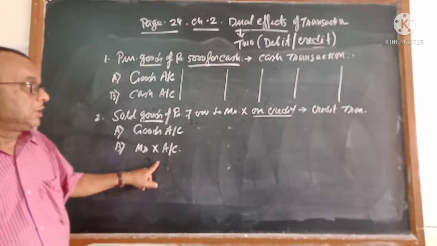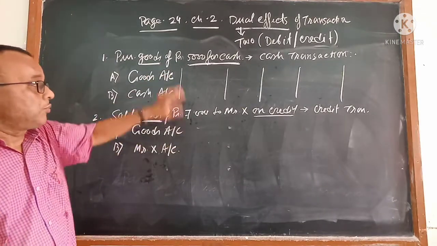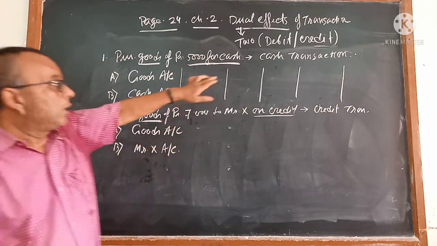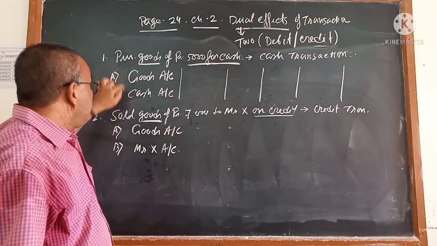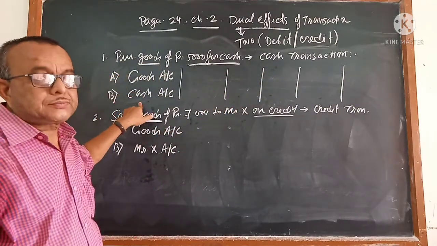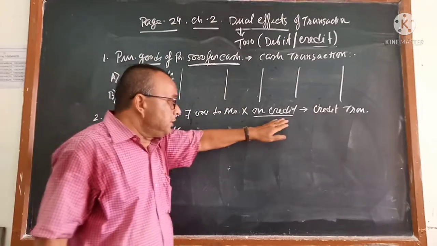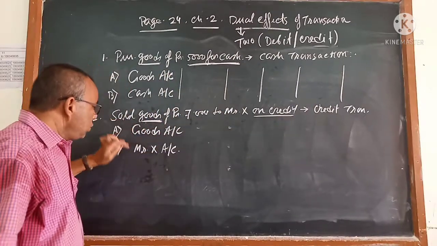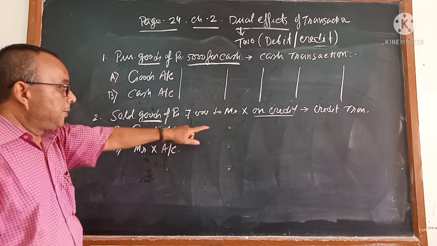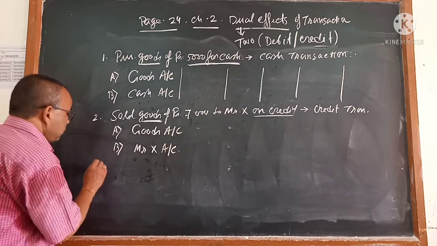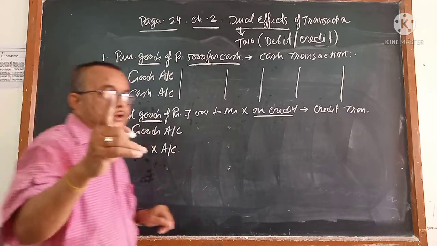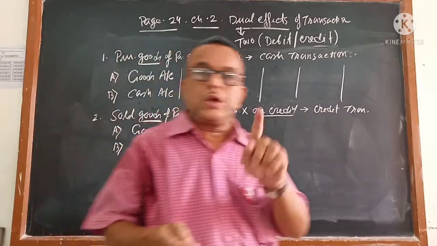From these two transactions, you will come to know this: if it is a cash transaction, then out of these two effects, one will be cash. If it is a credit transaction, then cash will not come, but one party's name will come. Do you understand? So keep this point in mind.